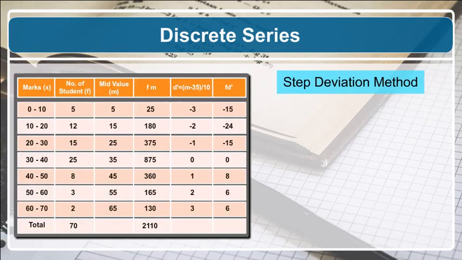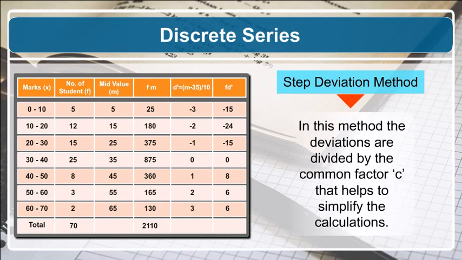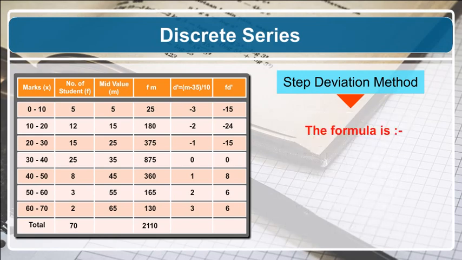Step deviation method. In this method, the deviations are divided by the common factor c, which helps to simplify the calculations. The formula is x bar equals A plus summation fd dash upon summation f, into c.